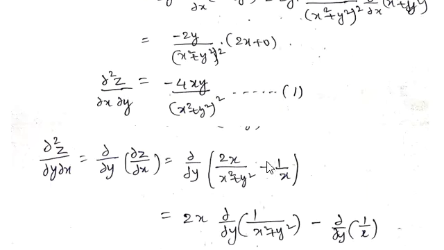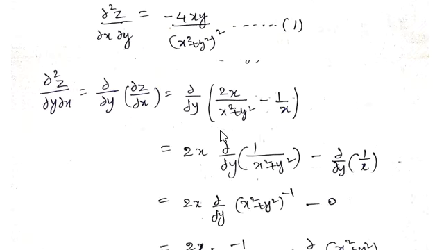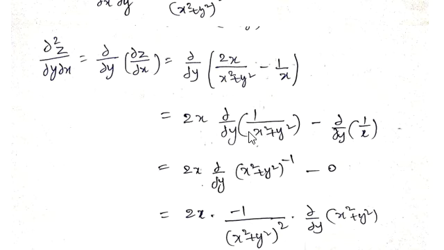So we are writing the same thing here, and when you apply partial differentiation to each term with respect to y, x is constant and 2 is also constant. So writing outside 2x into ∂/∂y of 1 by x square plus y square, minus ∂/∂y of 1 by x, and once again we are converting it to x to the power of minus 1.